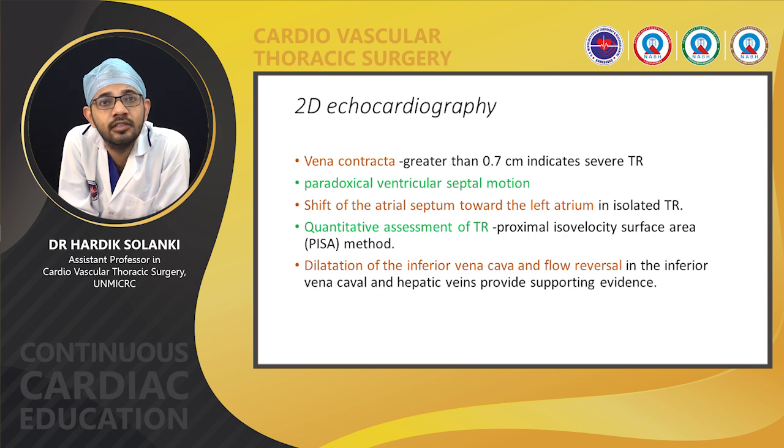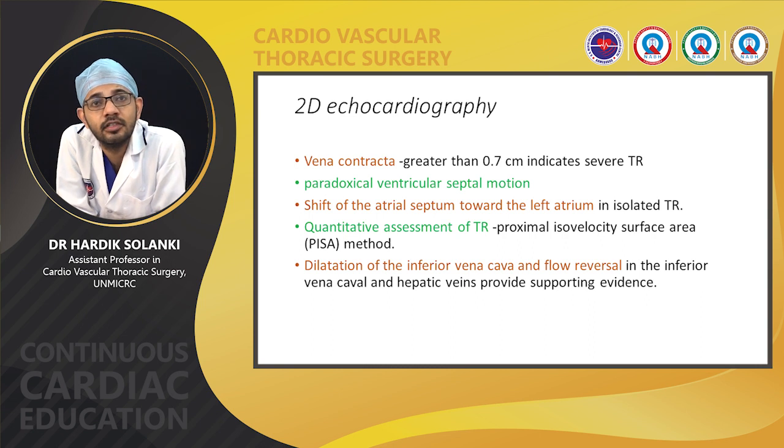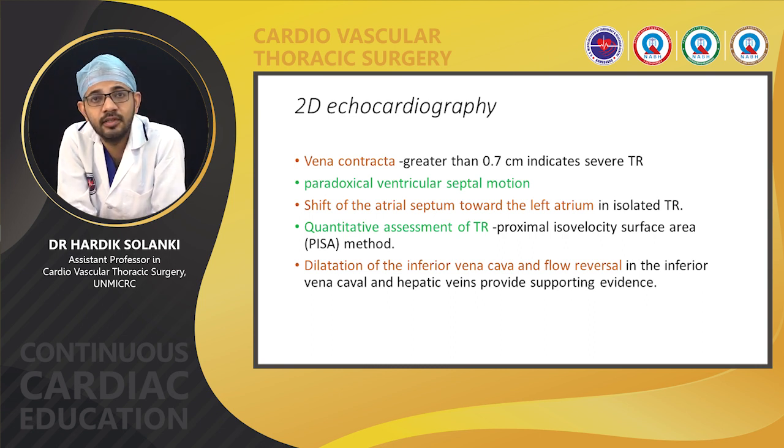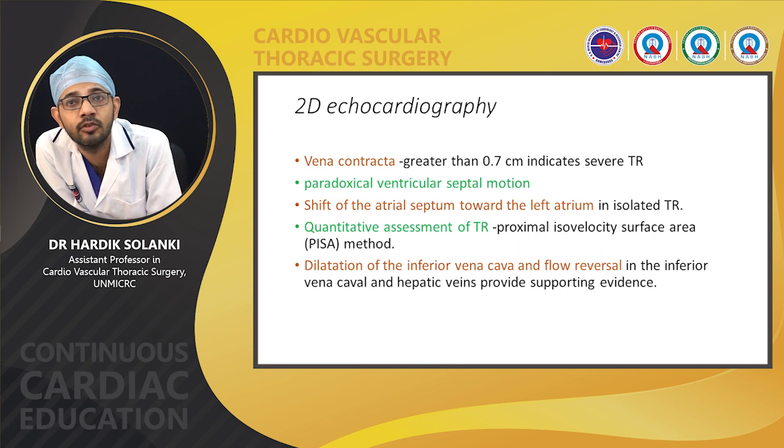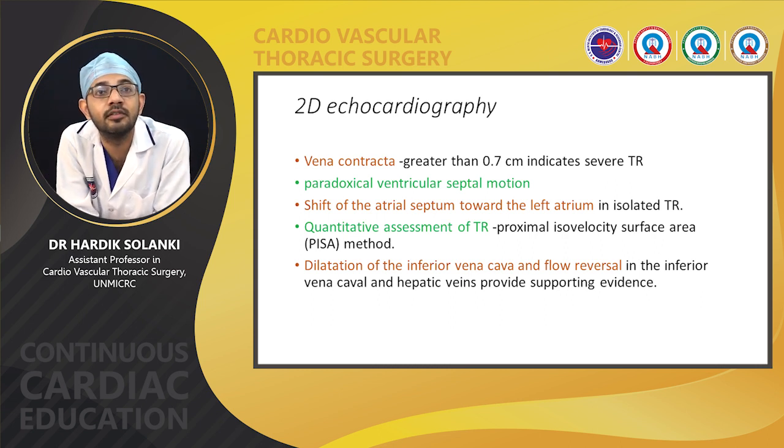In isolated TR, there is no LV dysfunction or mitral valve pathology. Only tricuspid regurgitation is there. And there is quantitative assessment of the tricuspid regurgitation by the PISA method, proximal isovelocity surface area method. And there is dilatation of the inferior vena cava and flow reversal in the inferior vena cava and hepatic veins.